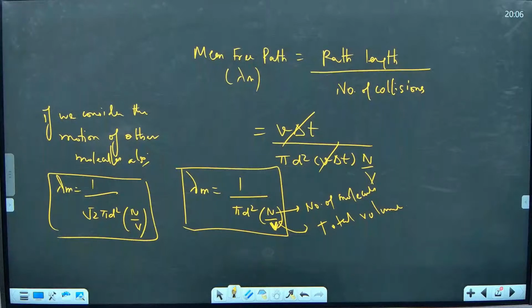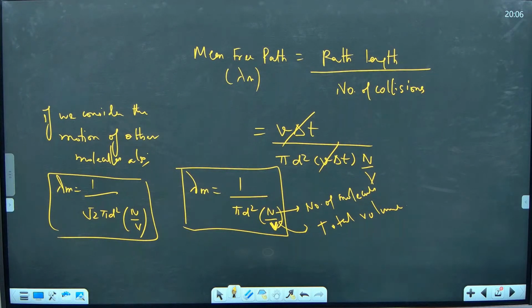See how NCERT writes. They also write, in this derivation we imagine the other molecules to be at rest, but actually all the molecules are moving and the collision rate is determined by average relative velocity of the molecules. So the more exact treatment gives 1 by root 2 times. The NCERT book writes 1 by n pi d square.